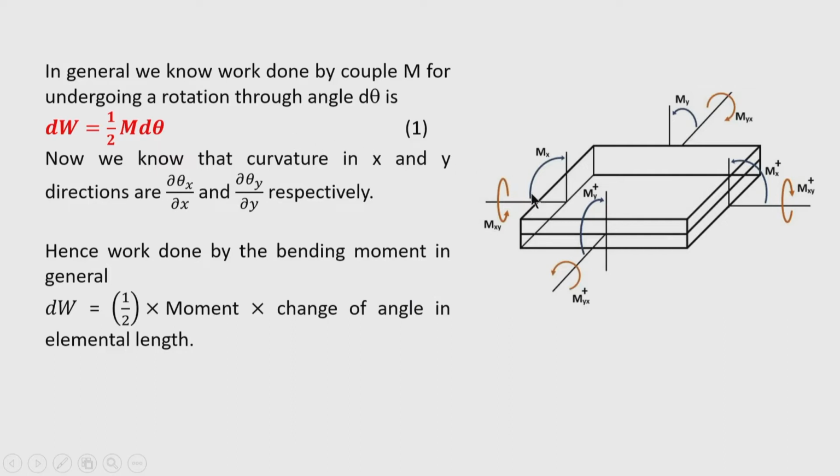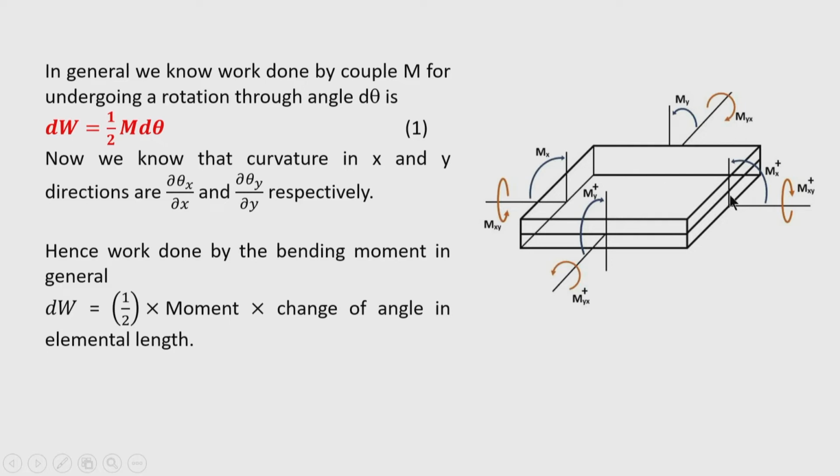Here in this figure, Mx is the bending moment along the x direction, and on the opposite edge there is Mx plus the increment, Mx plus del Mx by del x into dx. That is the bending moment on the opposite edges. Similarly, suppose at this point the slope is del w by del x.